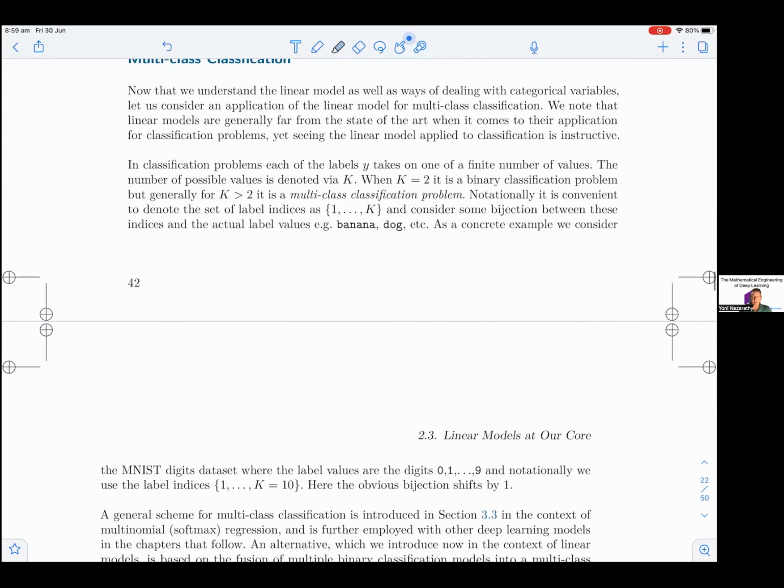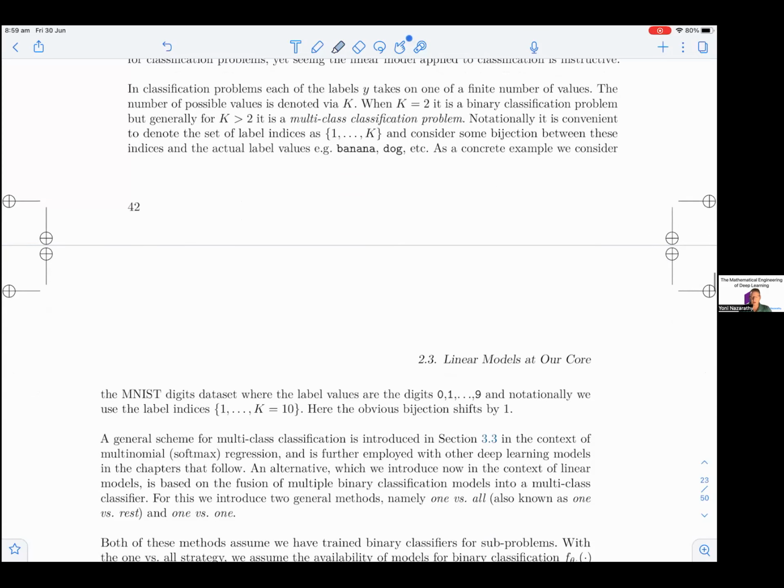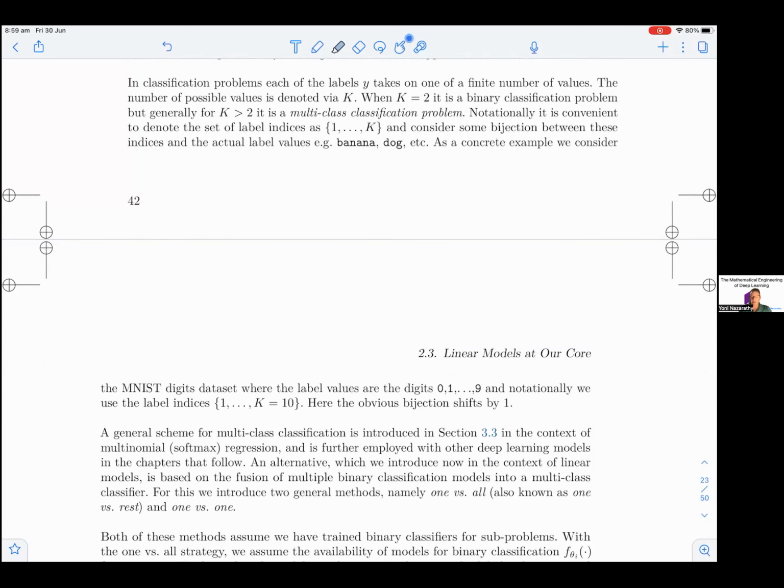In classification problems, each of the labels y takes on one of a finite number of values. The number of possible values is denoted via k. When k equals 2, it's a binary classification problem, but generally for k greater than 2, it is a multi-class classification problem.